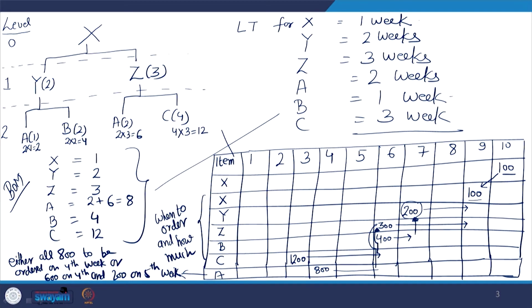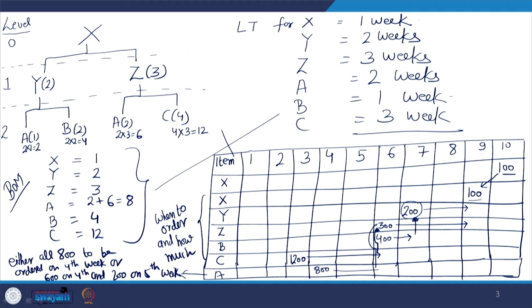So, if carrying cost is not very high and the setup cost is high, in that case it is good to make all 800 together. If carrying cost is high and setup cost is not very high, in that case you can make 600 on 4th week and 200 on 5th week. So, it depends on what the cost parameters are, and based on that you can develop this kind of material requirement plan.